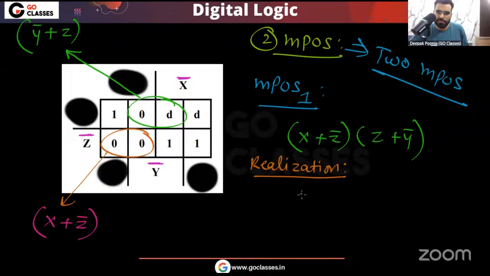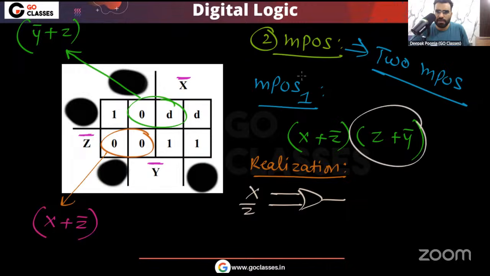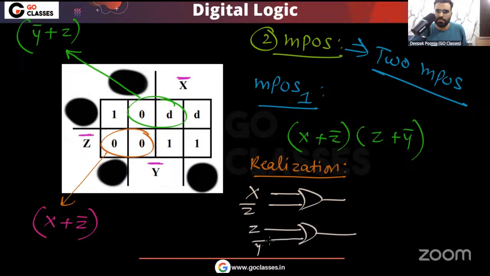I need an OR gate for X or Z bar. Another OR gate I need for Z or Y bar. Correct. And then an AND gate I need for this.